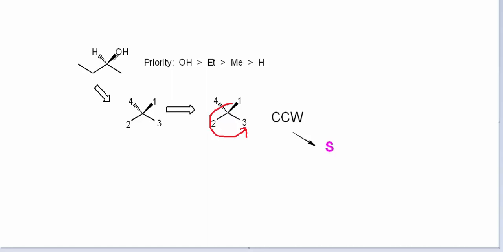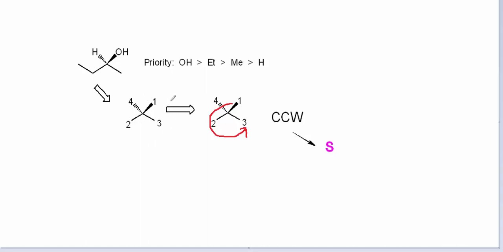That's really what we want. Let's replace each group of the chirality center by its priority ranking. The OH will be replaced by 1, the ethyl group will be replaced by 2, methyl by the number 3, and hydrogen by number 4.